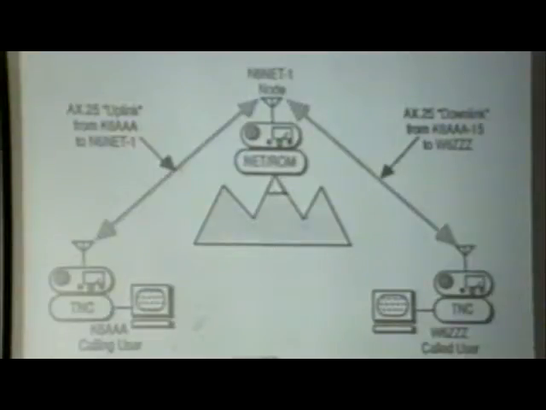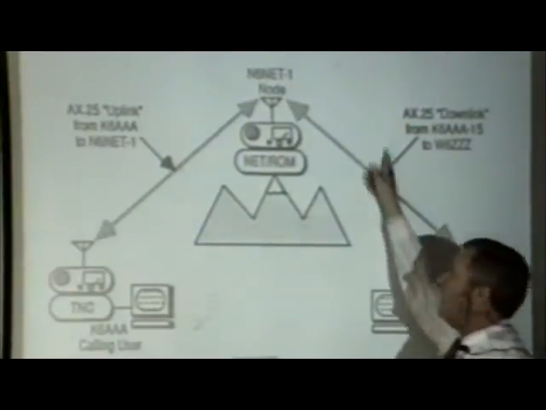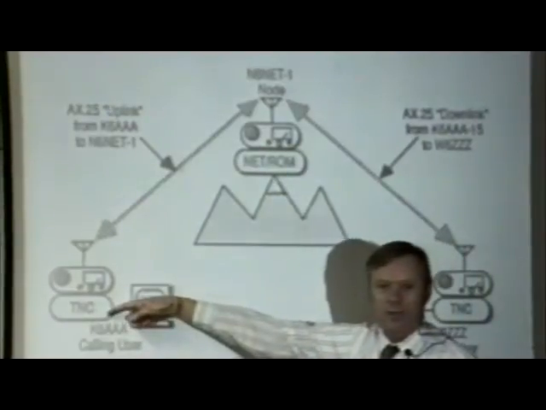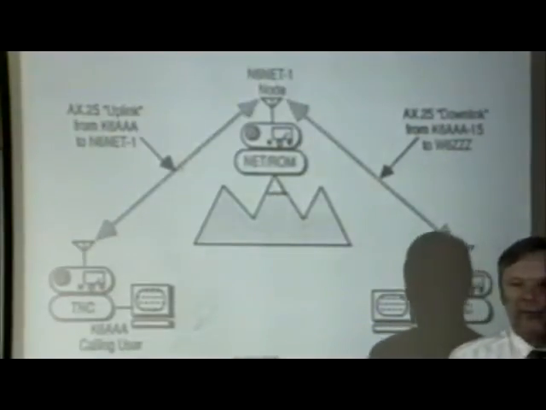Now, when the called user responds, say you've gone through two nodes, does node number two add an SSID number back? No, he maintains the same one. So from here, 13, if we had two digits, it would be back to 14, back to 15, and then back to no SSID. So the reverse path is just the reverse.